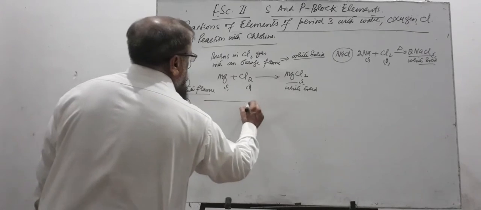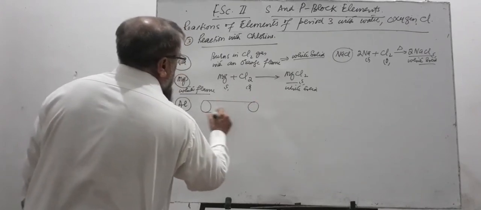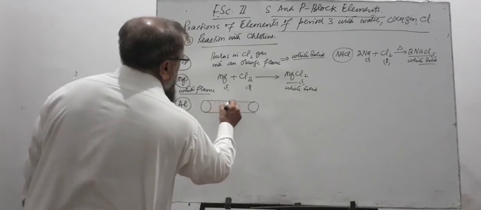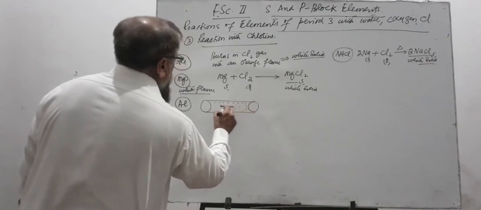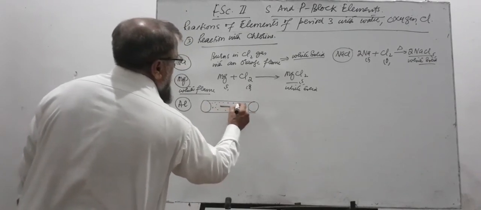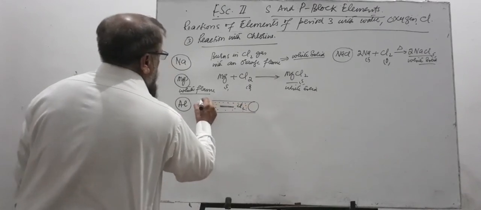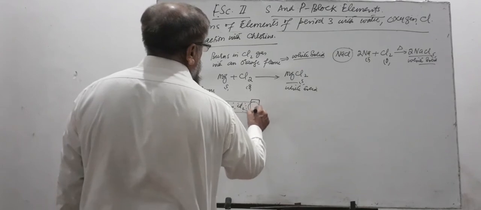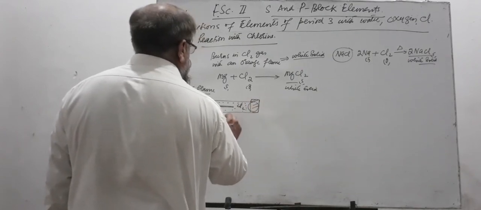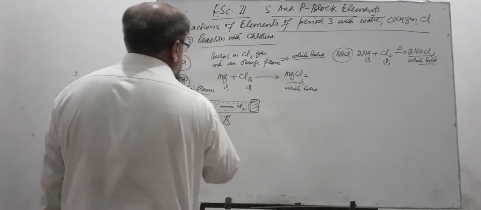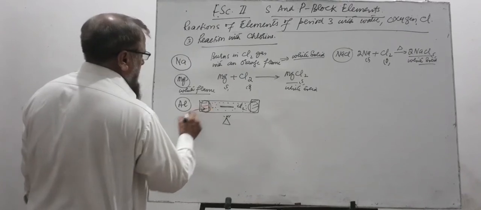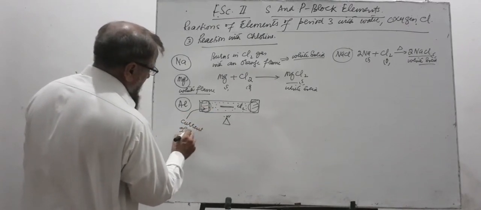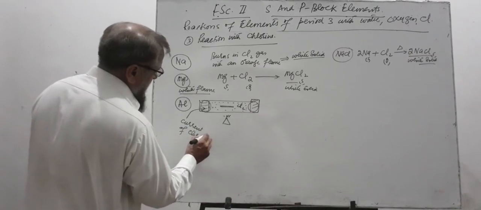if we take a tube and aluminium foil or aluminium powder is combined with chlorine gas, it is a tube filled with chlorine gas, and we place aluminium and we heat it, continuously passing a current of chlorine gas through the tube.